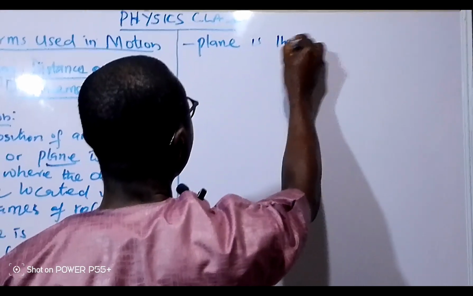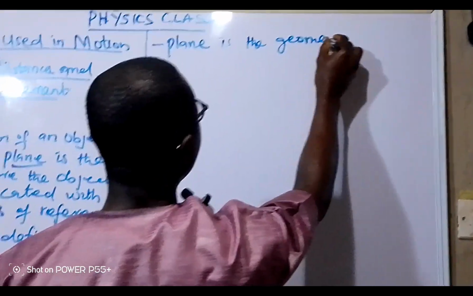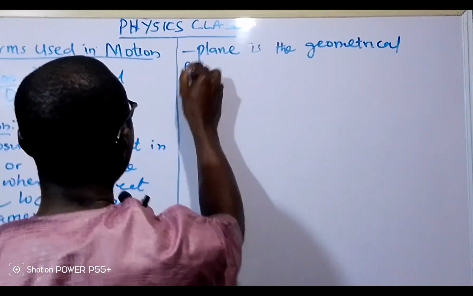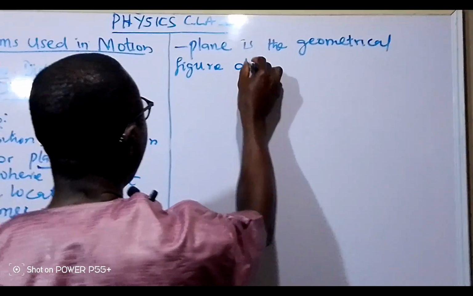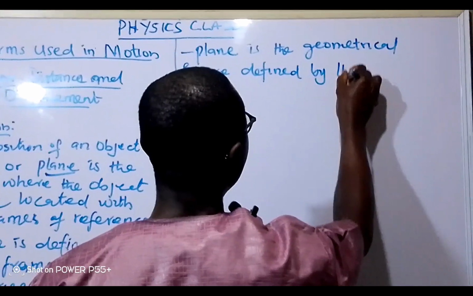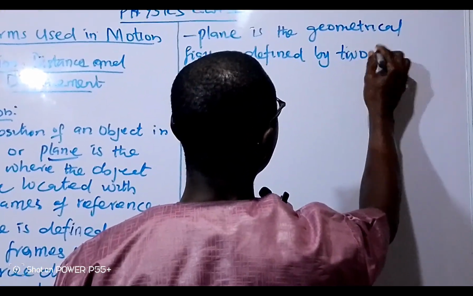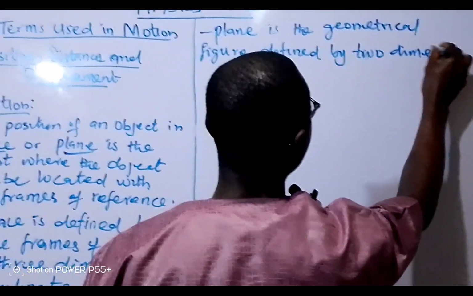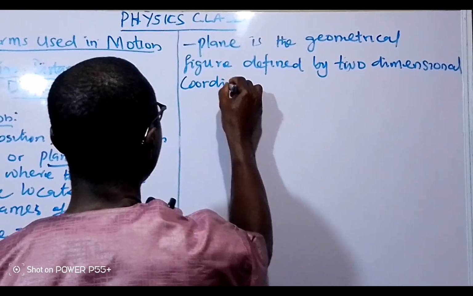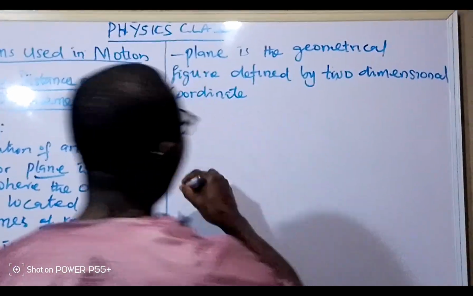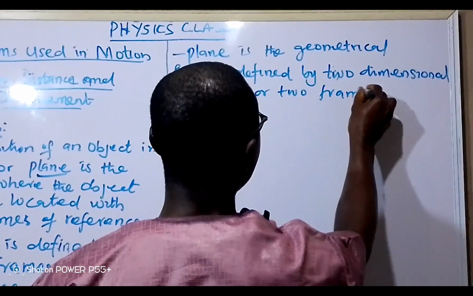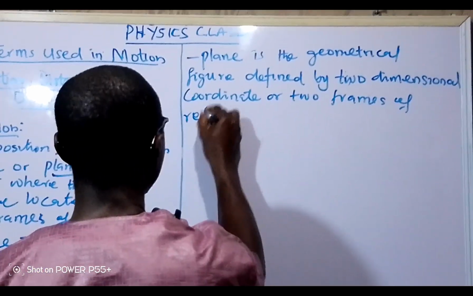Plane is the geometrical figure defined by 2-dimensional coordinate, or 2 frames of reference.